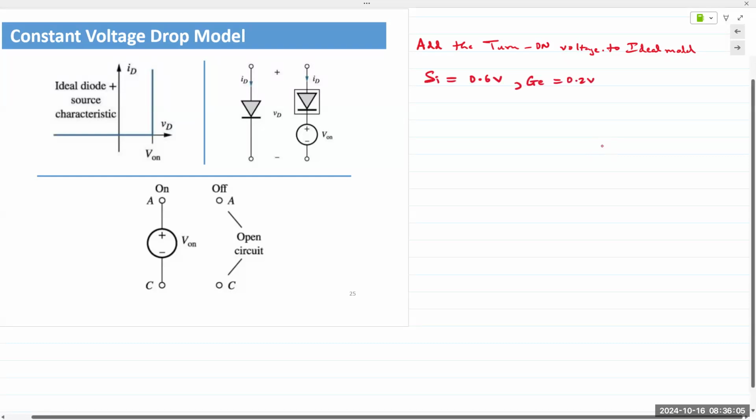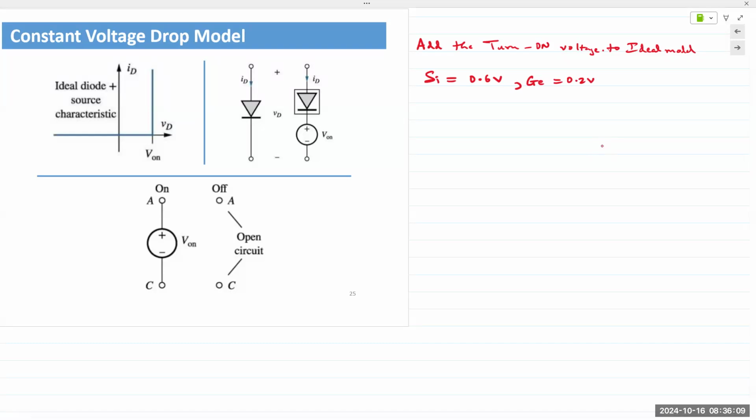If it's gallium arsenide, if it's an LED, what do we take? 1.2, 1.3 volts. We went up to 2 volts in the lab, but it started turning on at 1.2 volts. Anyway, depending on what diode you have in your circuit, you would choose that voltage drop.